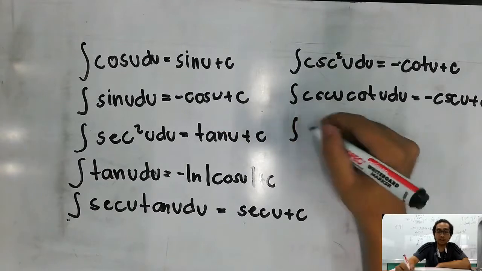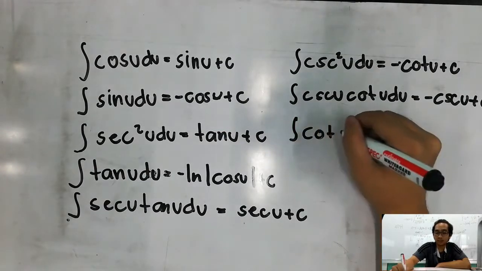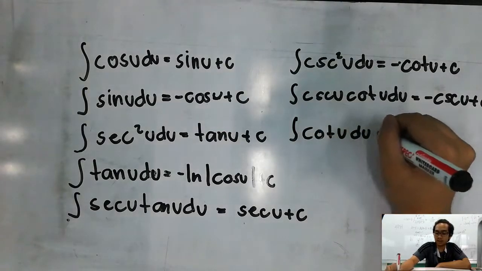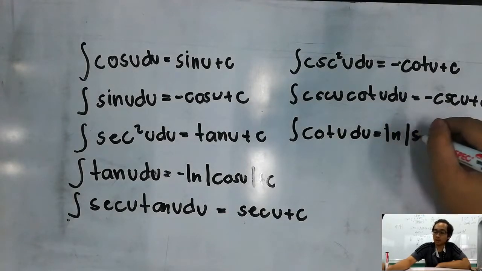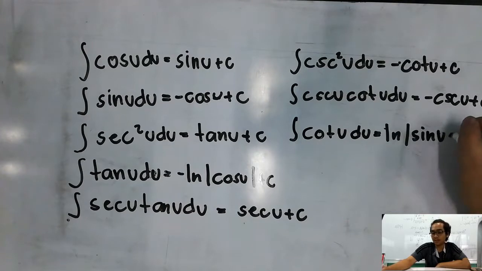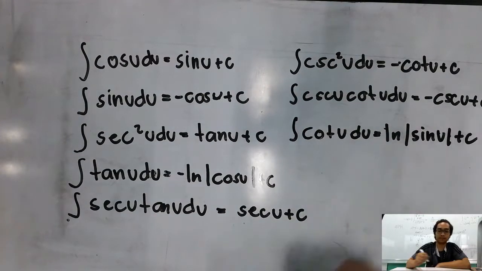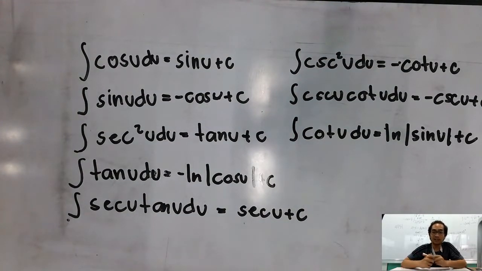The integral of cotangent u du is equal to the natural log of the absolute value of sine u plus c. So those are the integrals of some trigonometric functions.